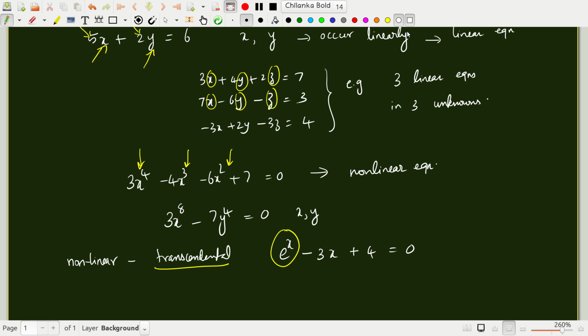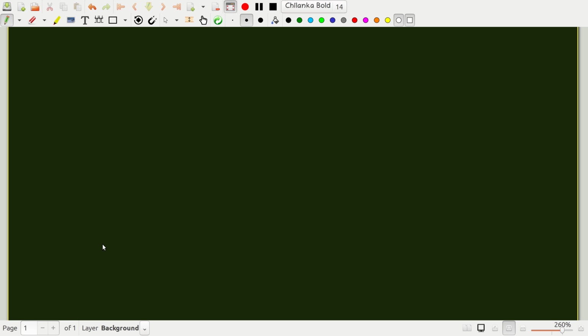For example, you might have sinh x, cosh x, ln x, and so on. When you have an equation where the unknown appears within such functions, these are called transcendental equations. These are nonlinear, but not just polynomial nonlinear equations. Now the focus of this lecture is not on nonlinear equations. I just wanted you to understand the fundamental distinction between linear and nonlinear equations.